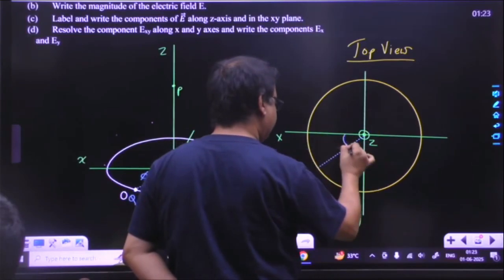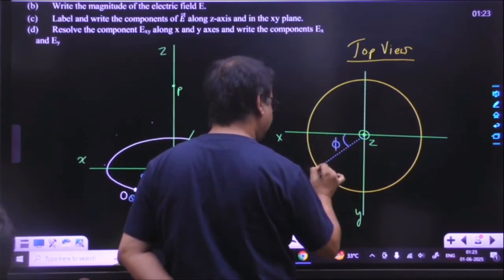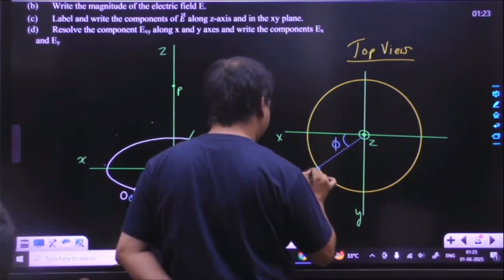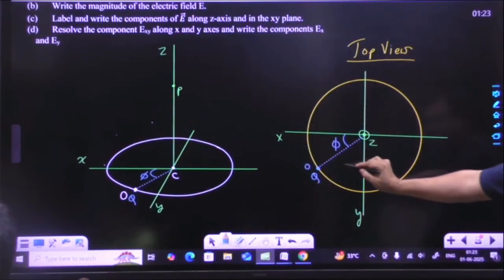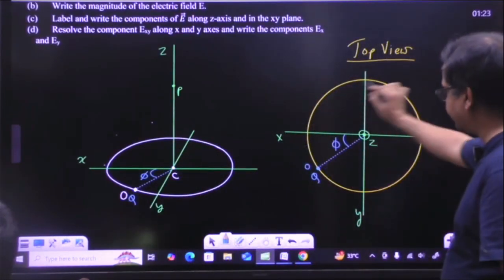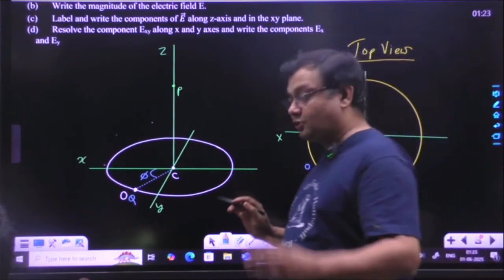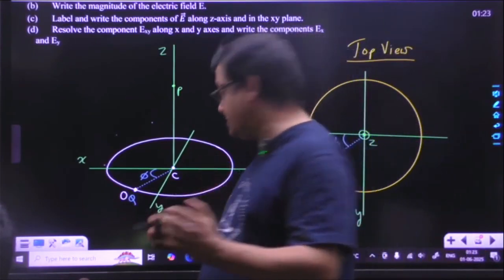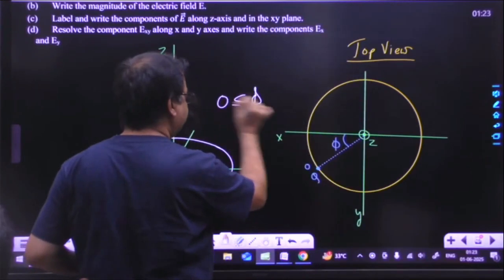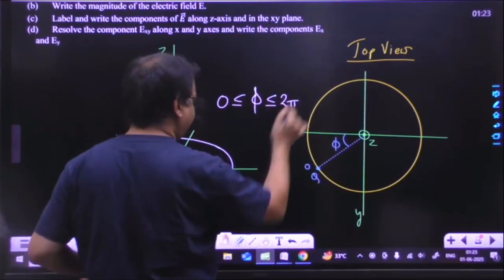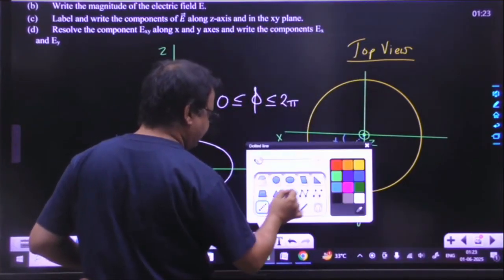Of course, phi will be present in the plane of the ring, and this is a charged particle Q at a position O, correct? This is the top view. As I told you, if Q is being rotated along the ring, phi will be changing. For each point of the ring, phi will be changing, and the value of phi will be between 0 and 2 pi. This we already did in the basic fundamental lectures.